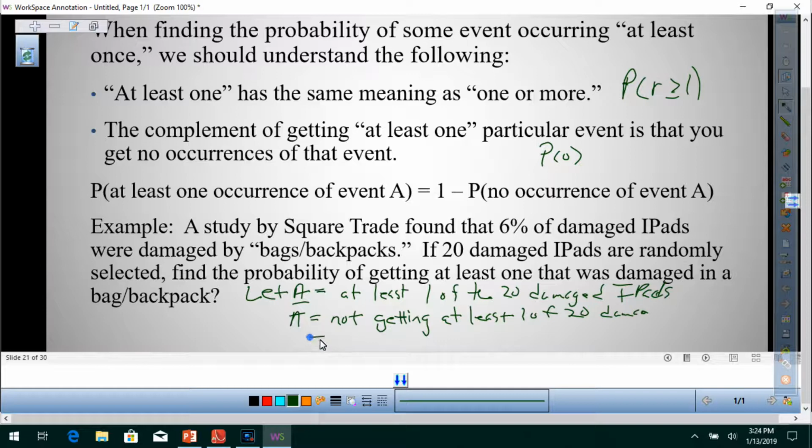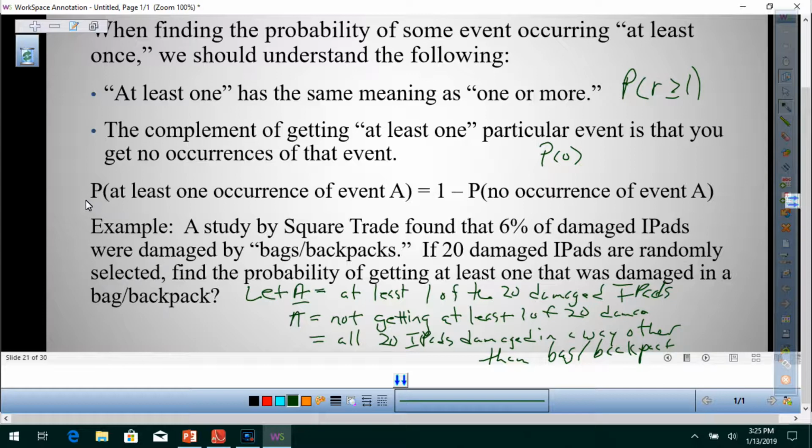Or you might say all 20 iPads damaged in a way other than a bag or backpack. So we want to find the probability of the complement by evaluating the probability of A complement.